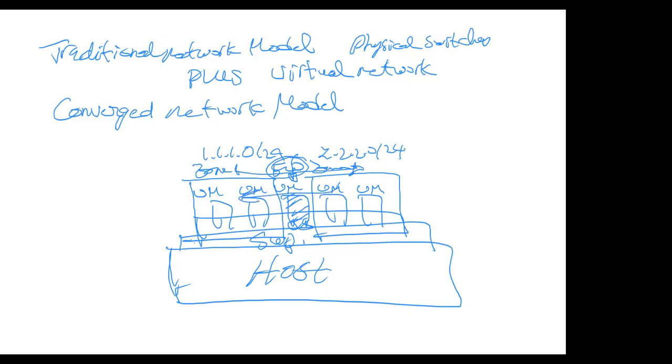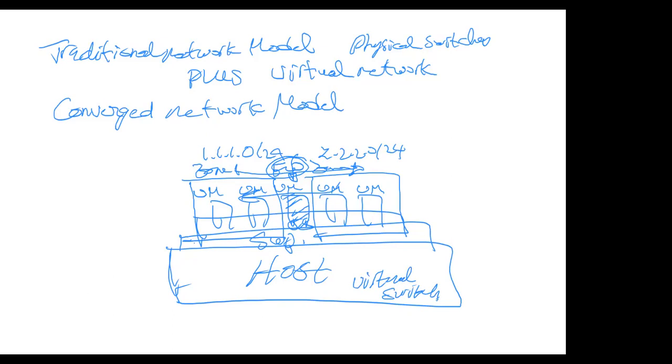Then how will it be done? This is a network. This means that you have a virtual switch on the host. Here there is a virtual switch, which they call a virtual network.